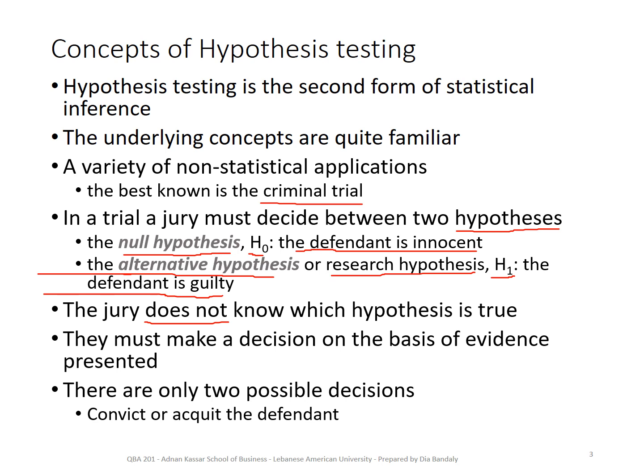All right, so now after listening to the prosecutor and to the defender, the jury members have to make a decision, right? There are only two possible decisions, and this is applicable for our application in academia and in industry.